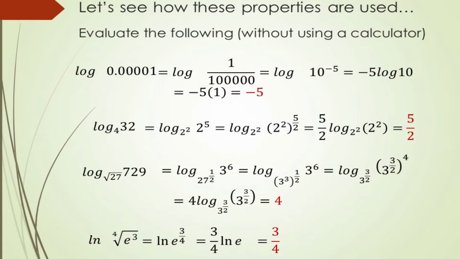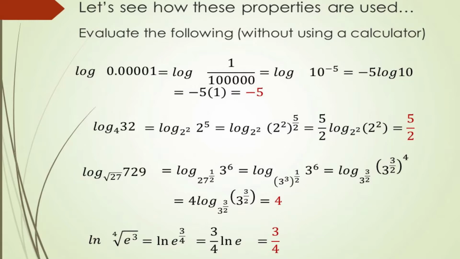So that will become log 2 raised to 2 multiplied by 5 over 2. So that will be equal to 5 halves log 2 raised to 2 with a base 2 raised to 2. If they have the same base, the answer of that one will become 1, right? So what remains is 5 halves.